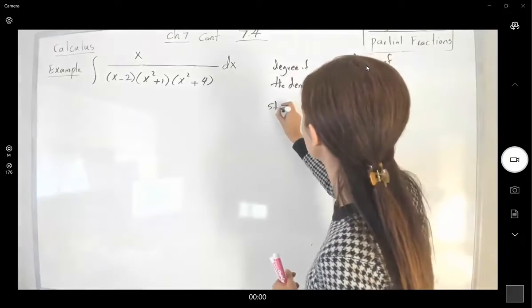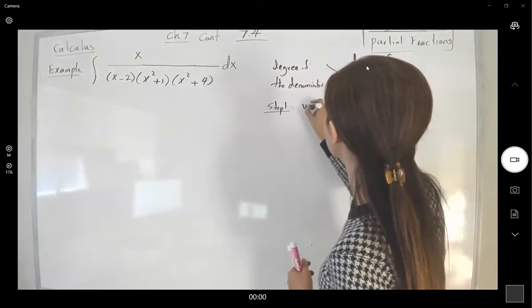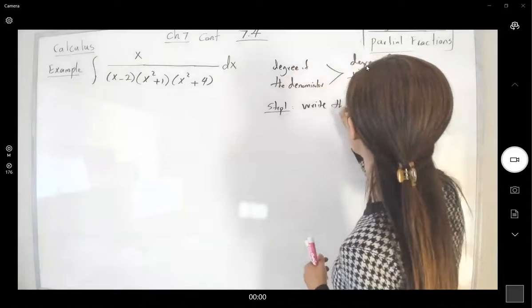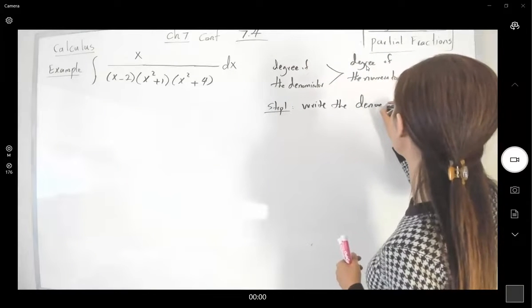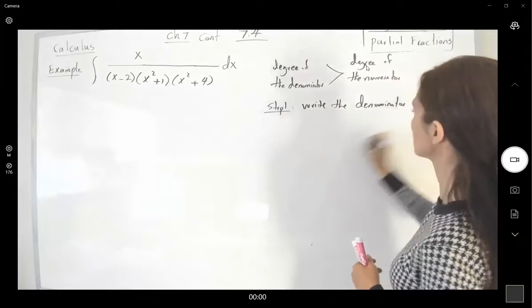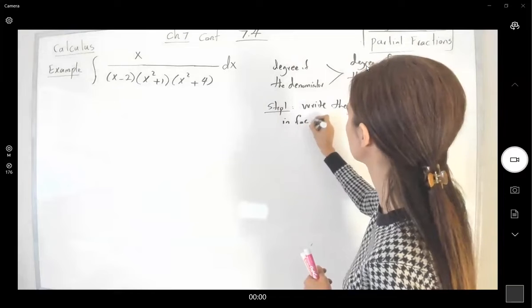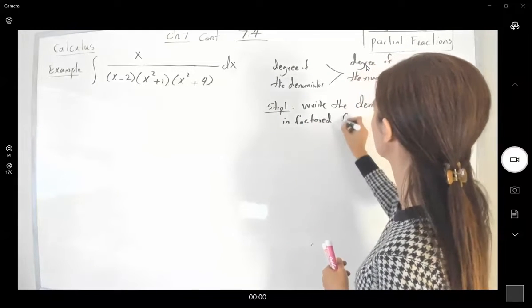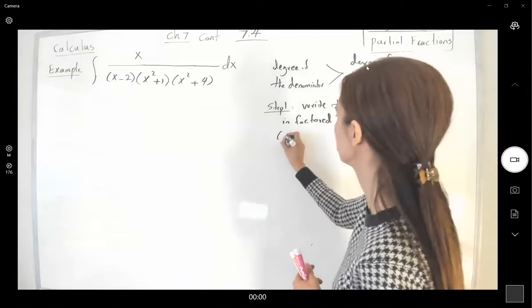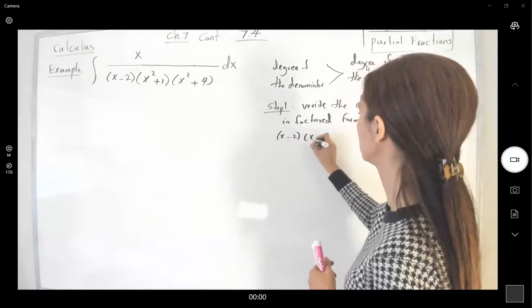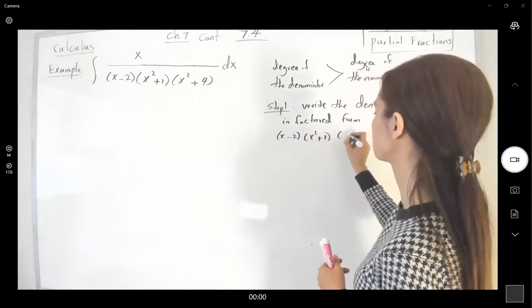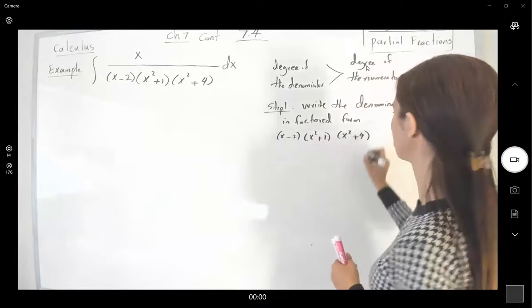Step 1, write the denominator in factor form. We already have it here, so x minus 2, x squared plus 1, x squared plus 4.